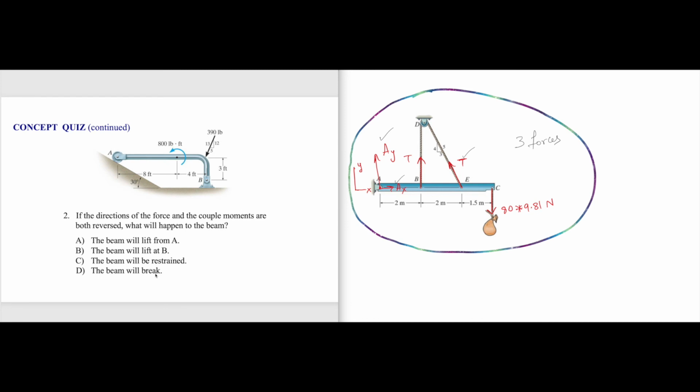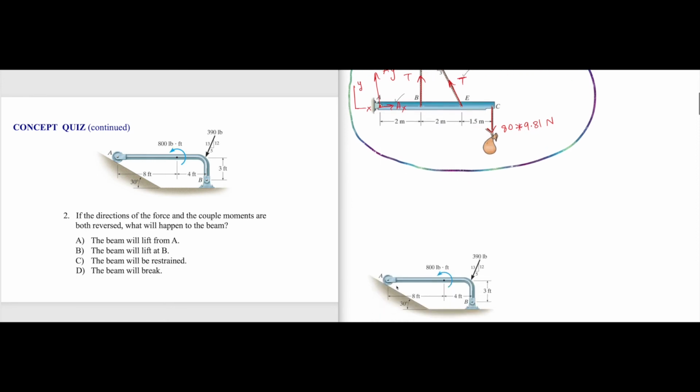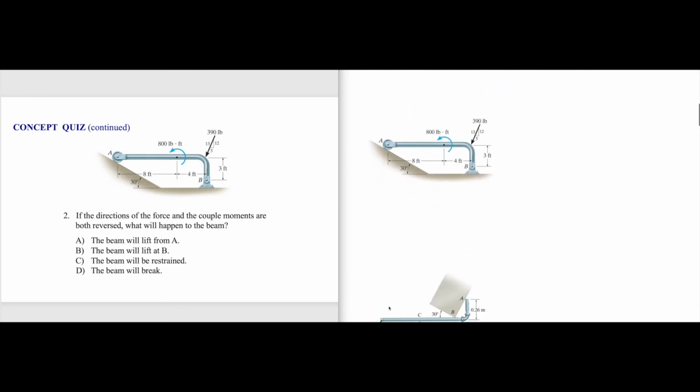Then let's look at this problem here. Now you tell me how many unknown reactions are present here? At A, we have a roller support that is in contact with a plane. That means how do we draw the reaction when we have to draw the free body diagram?